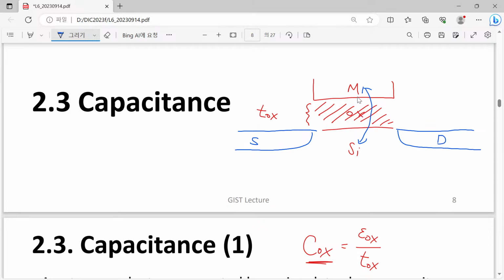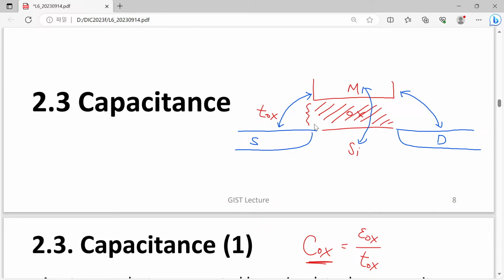As you can see, between metal and silicon channel, we have the COX. However, since this is another silicon, we can have capacitance between the gate metal and source, and capacitance between the drain region and metal. So these kinds of capacitance can exist inside our transistor.